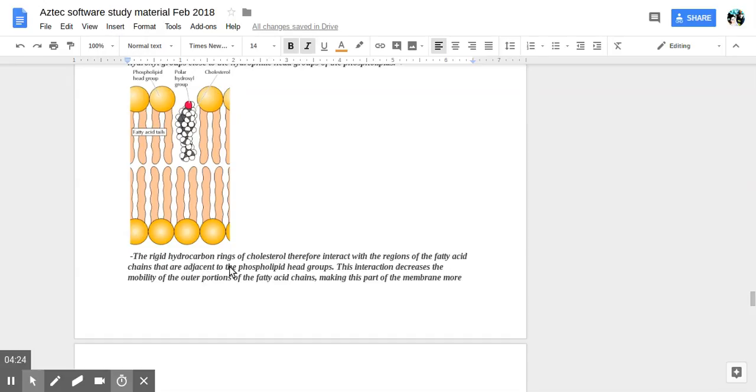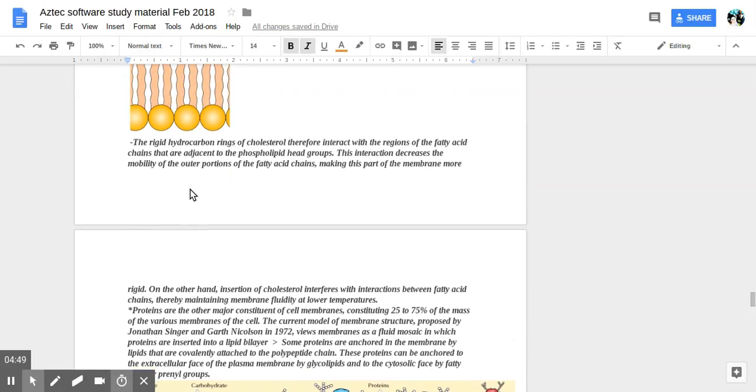The rigid hydrocarbon rings interact with the region of the fatty acid chains that are adjacent to the phospholipid. So the interaction decreases the mobility of the outer portions of the fatty acid chains, making this part of the membrane more rigid.